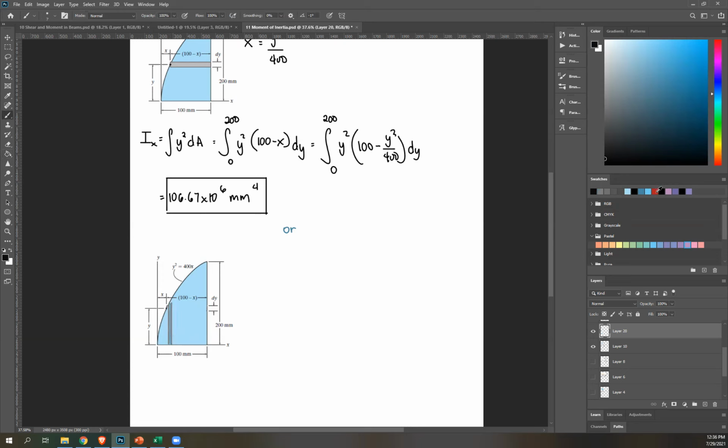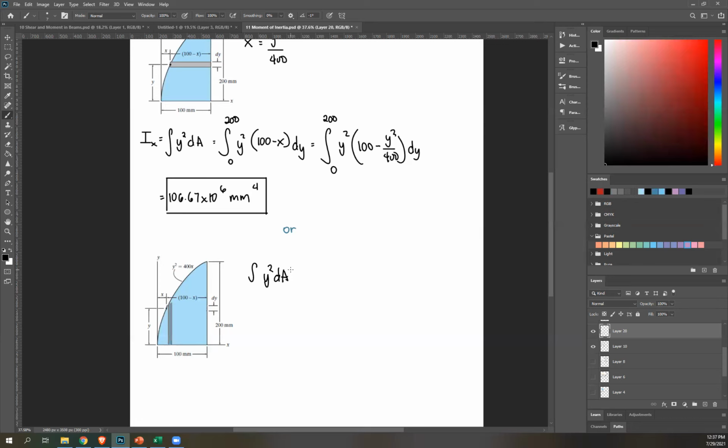Okay. So the equation is the same. Integral of y squared dA. Now that's hard if you do it that way, y squared dA, because your differential area again changes.